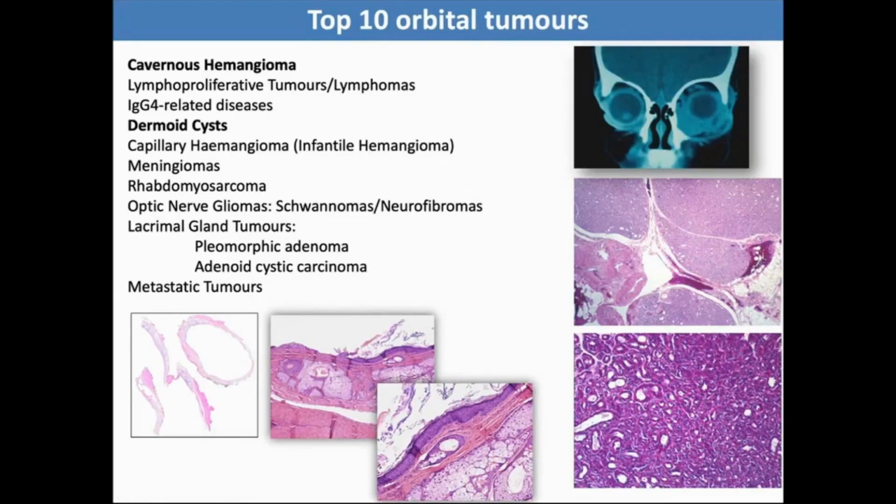Dermoid cysts are relatively common and tend to occur in younger patients, and are characterized by a lining by the epidermis, and the cysts can be filled with keratin flakes.